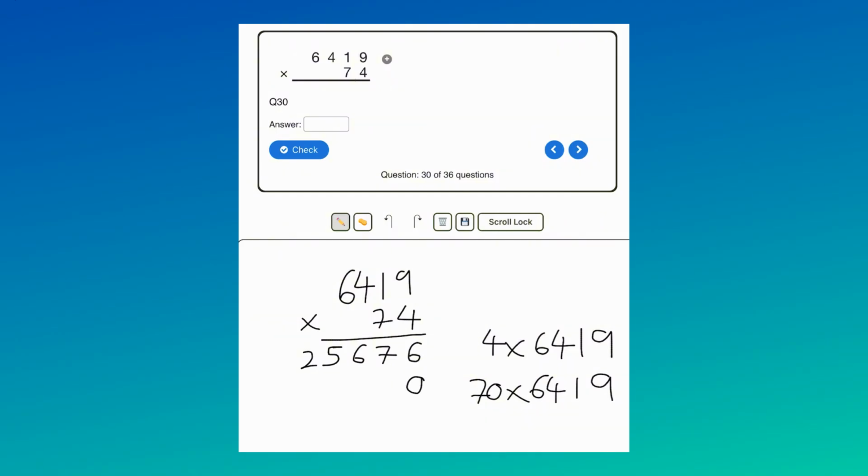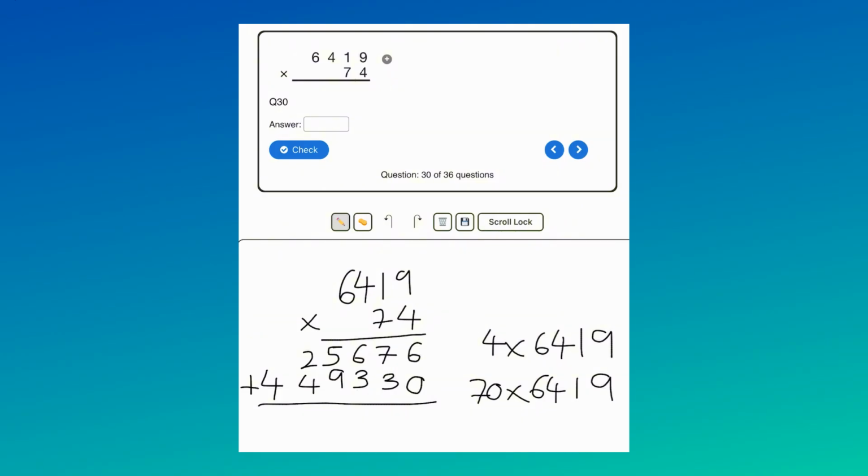So now I can do 7 nines are 63, 7 ones are 7, plus 6 is 13, 7 fours are 28, plus 1, 29, 6 sevens are 42, plus 2, 44. Now again, I'm going to rub out my workings to allow for the fact that I don't need it. Now I'm just going to add up my two answers, my two rows.